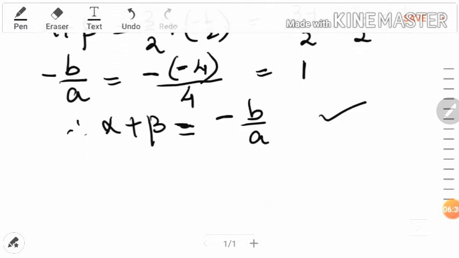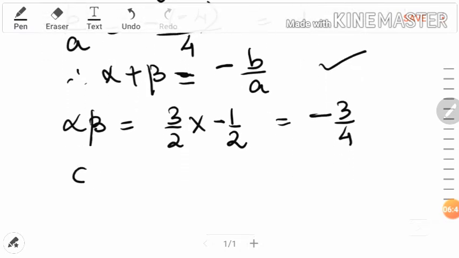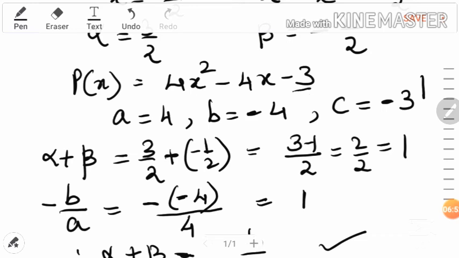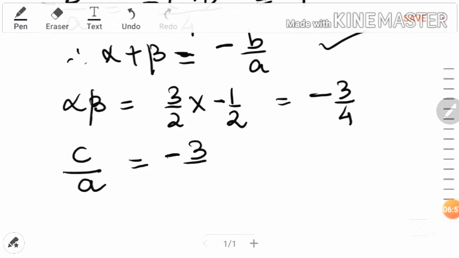So for that, let's find out alpha into beta. Alpha is 3 on 2, beta is minus 1 on 2. Let's multiply, we get minus 3 on 4. Now we will find c upon a. The constant term of the polynomial is minus 3 and a is 4.